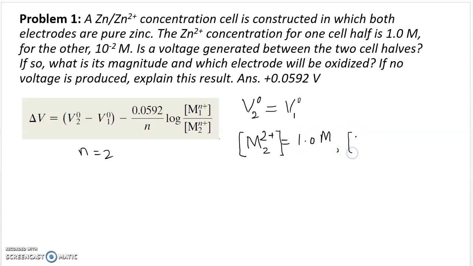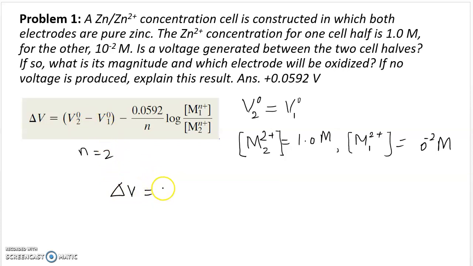and similarly M1 2 plus will be 10 to the power minus 2 M, which is actually 0.01 M. So now we can input these values into this equation.